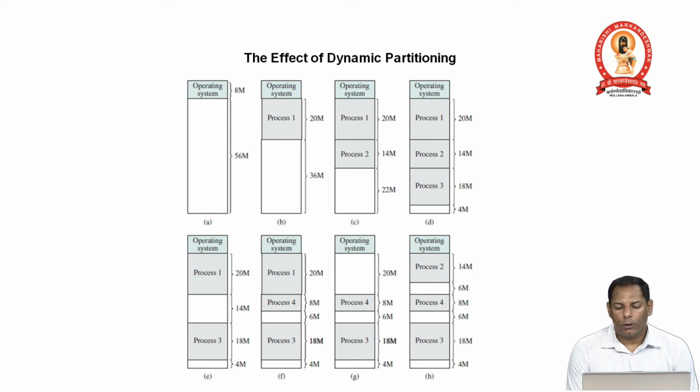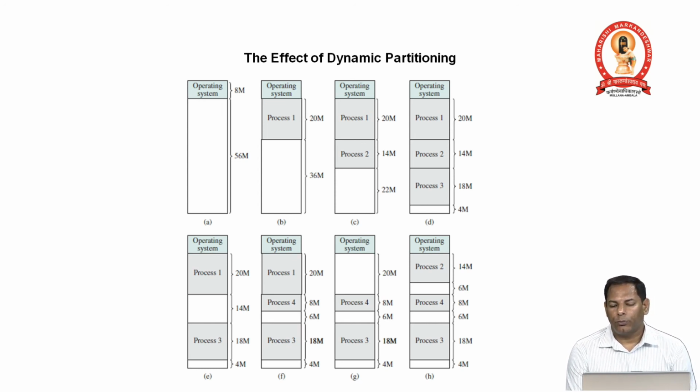Now you will see, if one process enters into the system, for example, we have 6 MB of unused space at one place, 6 MB at another place, and 4 MB at another place. So we have a chunk of small holes in our memory which are unused. In total we have 6 plus 6 plus 4, 16 MB of unused space.